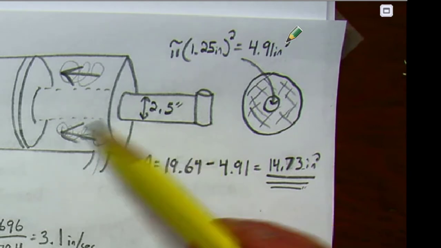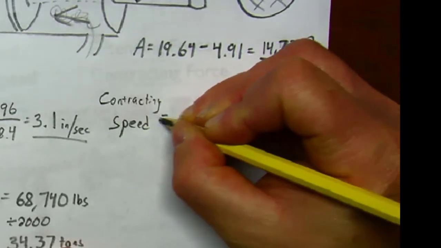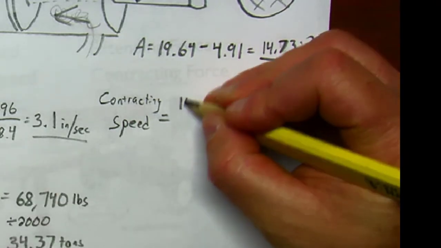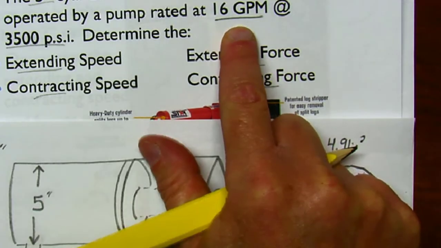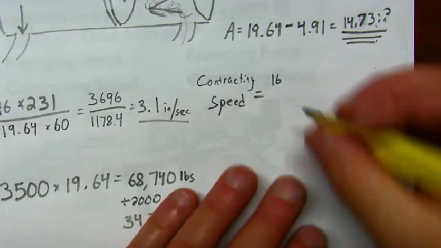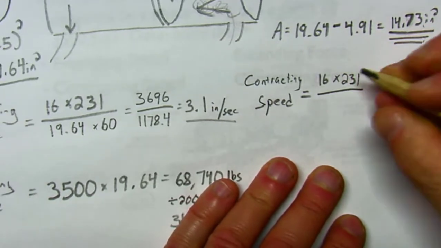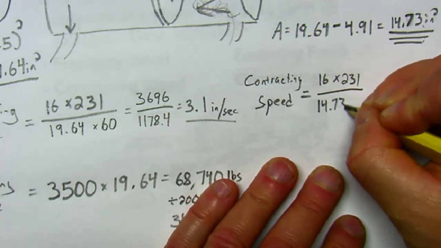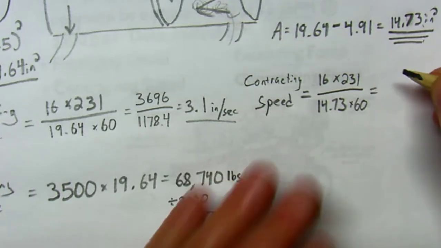Now, let's go ahead and do the same calculations, but we're going to use this smaller area. We should get a smaller contracting force, but a higher contracting speed. Our contracting speed is going to be, the top will be the same. It's still a 16 gallon per minute pump, right? 16 gallons per minute times 231 divided by, now we're going to use a smaller area, only 14.73 times 60.